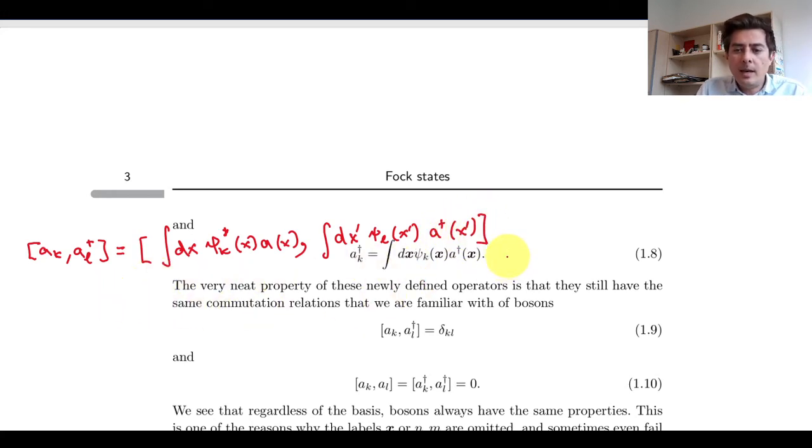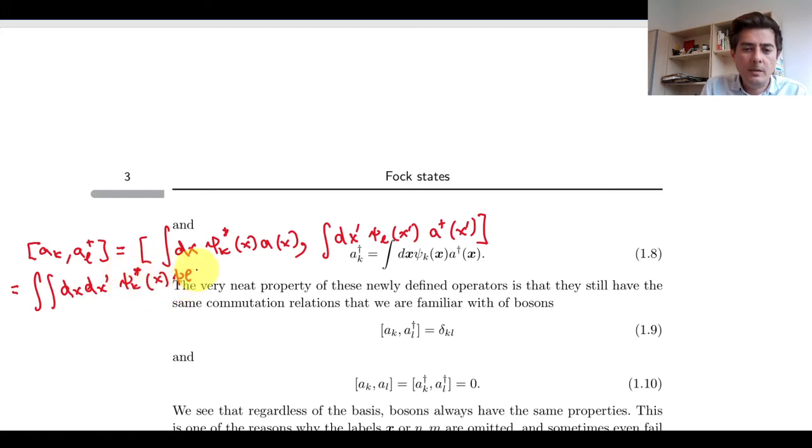Okay, and then let's take the integrals out of this commutator, because if you have a sum of commutators, it's the same as the commutator of the sum. So we're allowed to take out the integrals here, and because these are just scalar factors, we can also just take them outside of the commutator.